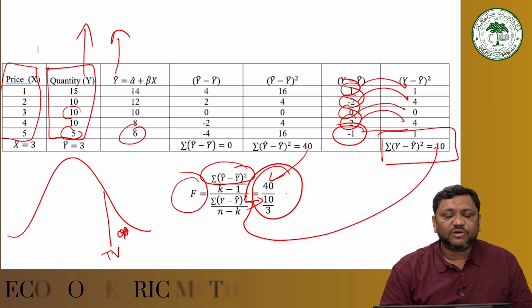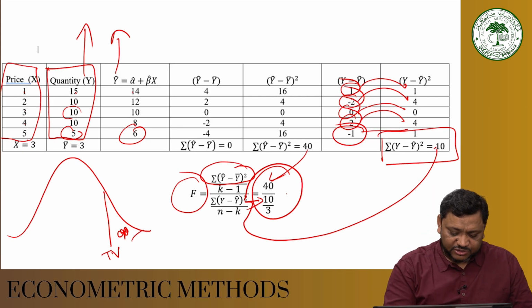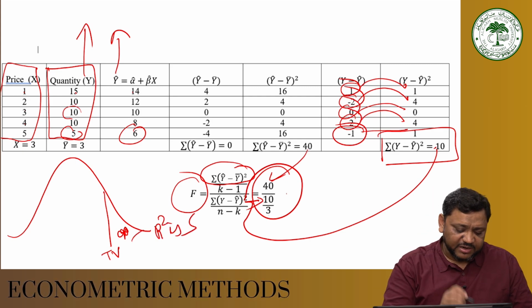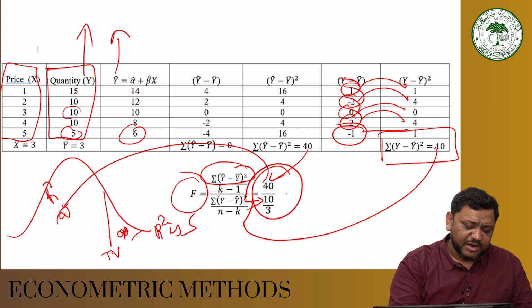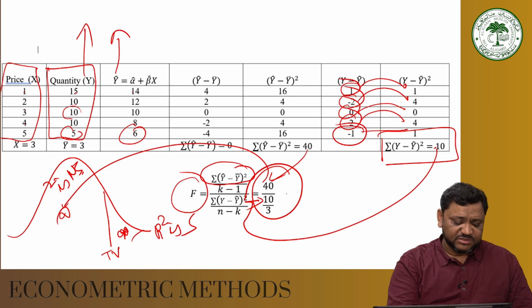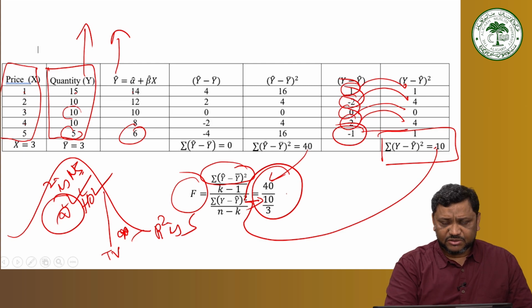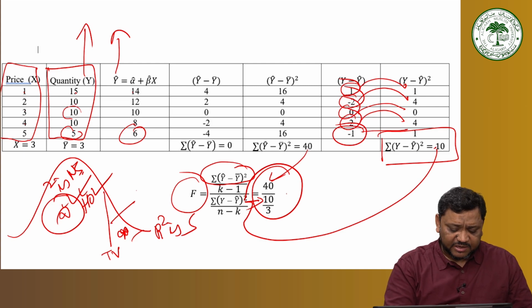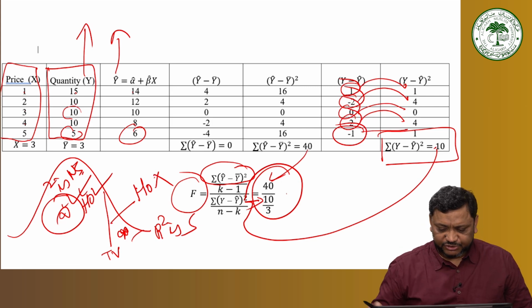So if it falls over here, we say that our R square is significant. If this value falls over here, my R square is not significant. In this case we are accepting the null hypothesis that there is no significant relationship, and here we are rejecting the null hypothesis, that is, there is a significant relationship.